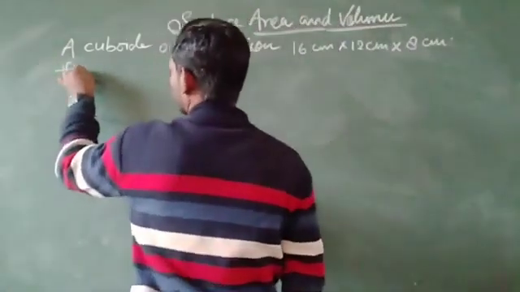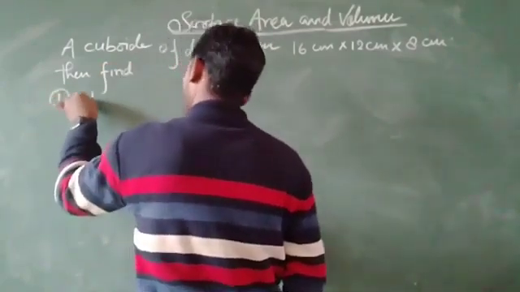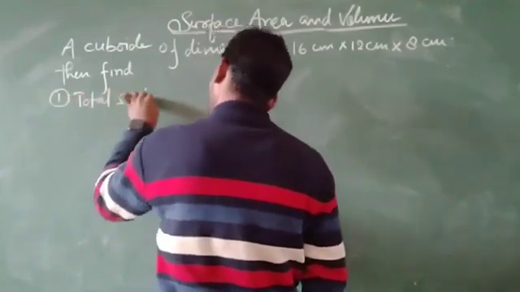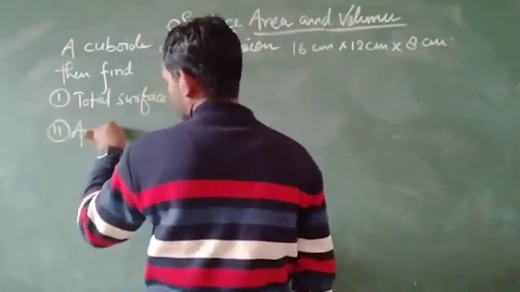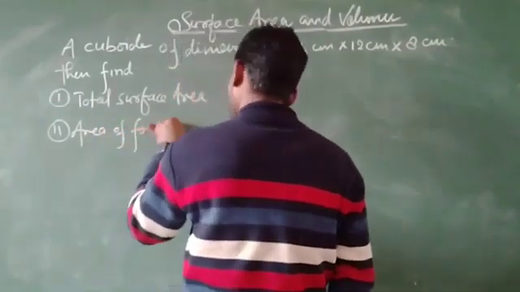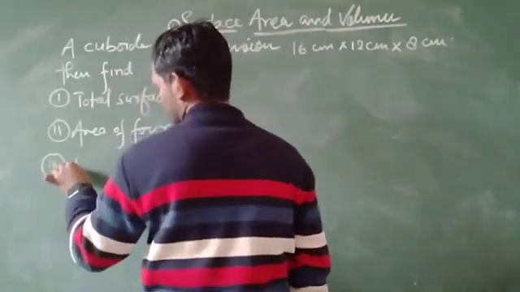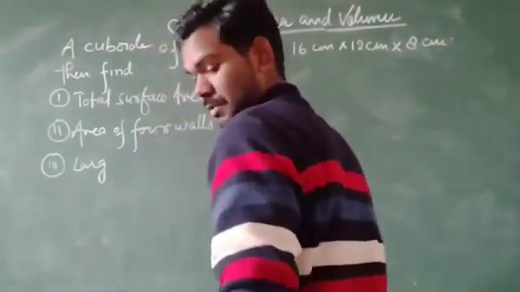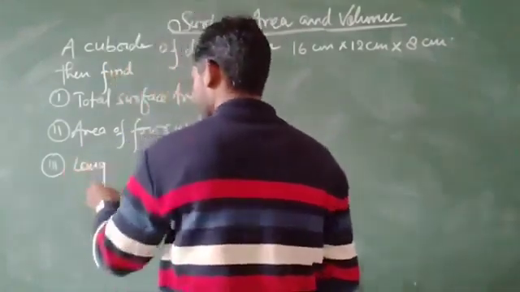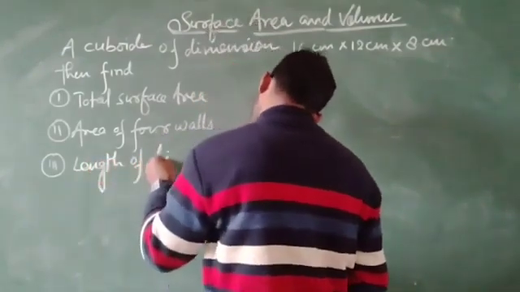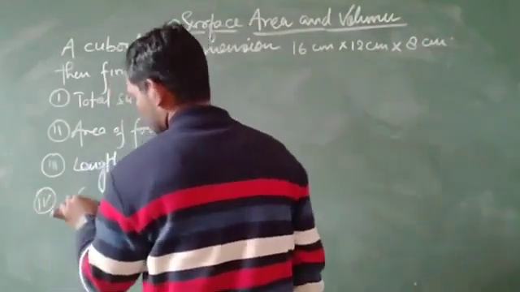Then find: first, the total surface area; second, the area of 4 walls; third, the length of the diagonal; and fourth is the volume.